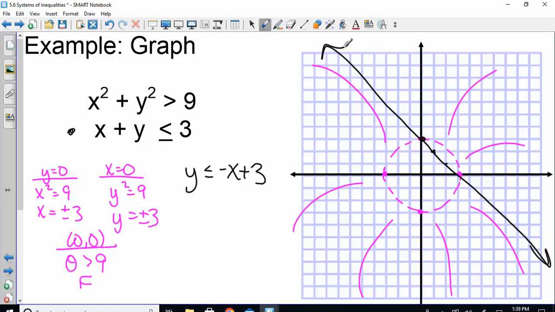Down. It would shade everything below because of the less than, or you could do a test point. So the overlap here is under the line but outside the circle. So something like that.